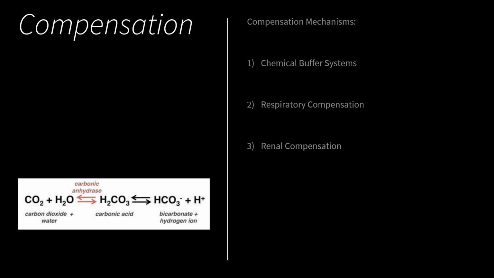If you feel a little bump in the roadway, the shock absorbers will absorb that, so you have a nice smooth ride. And that's what a buffer system does: if you ingest or produce a small amount of acid or base, as we do on a daily basis, the buffer system buffers it out. It keeps it even and maintains a normal pH of 7.35 to 7.45.